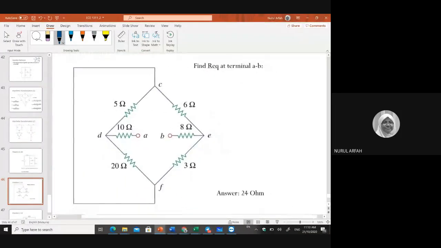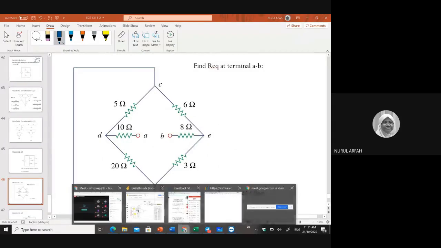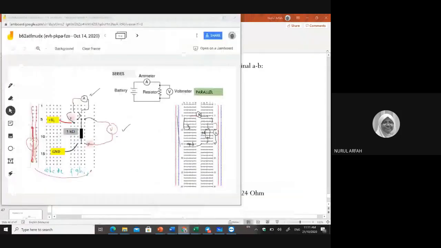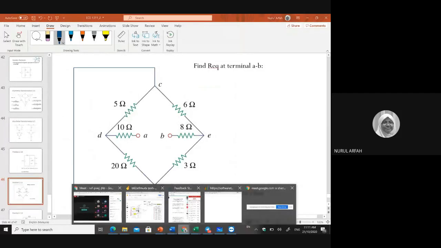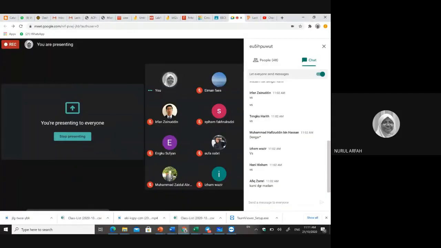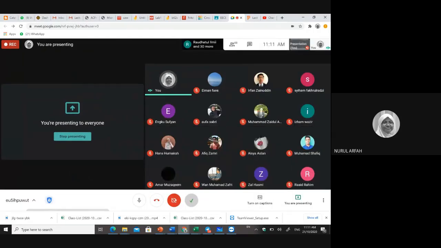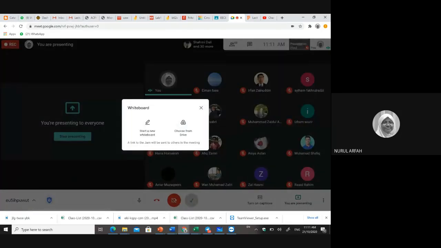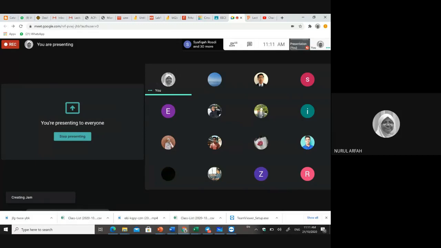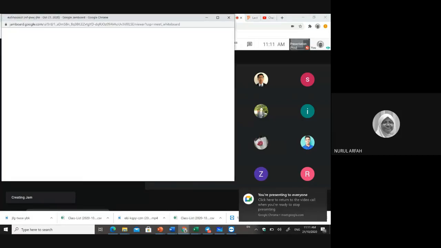Okay, all right. Anyone to volunteer here? Maybe I shall give you Jamboard. Do you like Jamboard? So that you can draw. Or if you have your own paper and pen, yes, okay. But if you have a digital pen, then you can apply here. Wait a moment. Where is the whiteboard? Choose from drive. Okay, let's share.